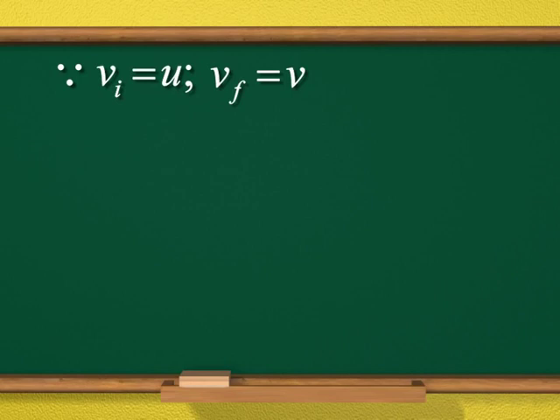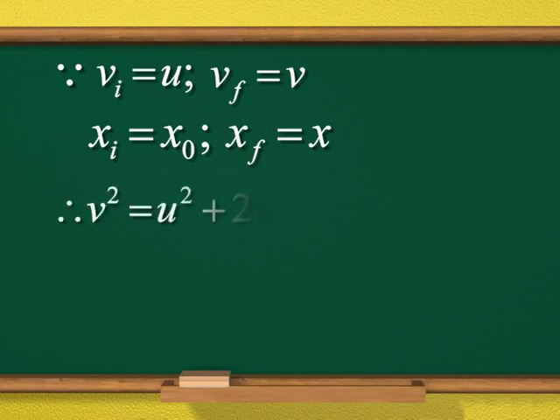Let xi equal to x0 and xf equal to x, we can rewrite the relation as v square equal to u square plus twice a into x minus x0.